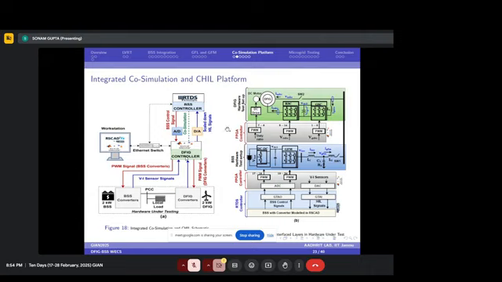Here we can see these two controllers are co-simulated, so that the signals are exchanged between the two controllers, and these two controllers are then integrated with the hardware which is under the testing. That means our controller is integrated with the complete hardware.